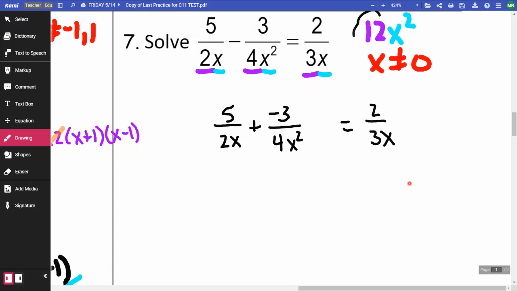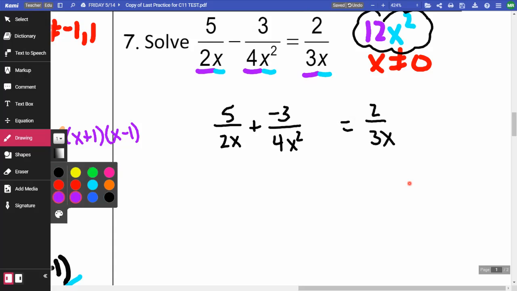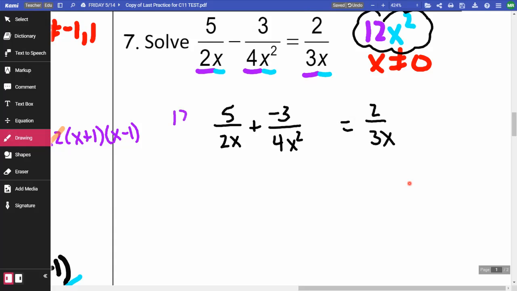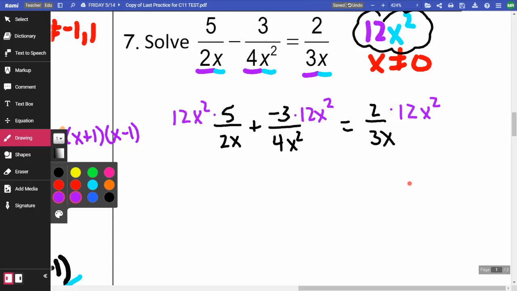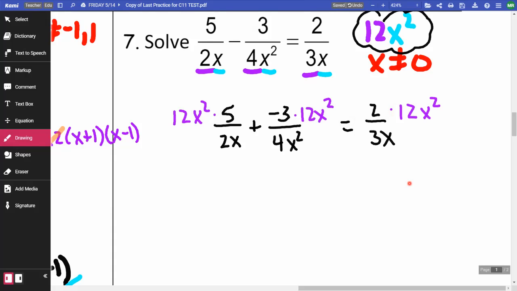So again, I'm going to multiply everything by 12x squared. 12x squared times this. Okay, everything by 12x squared. And now hopefully I have some things I can simplify.